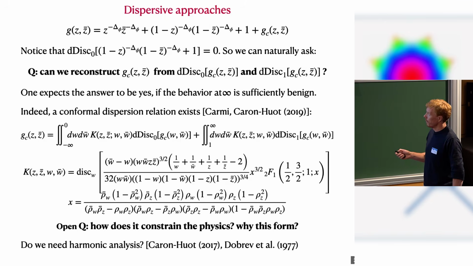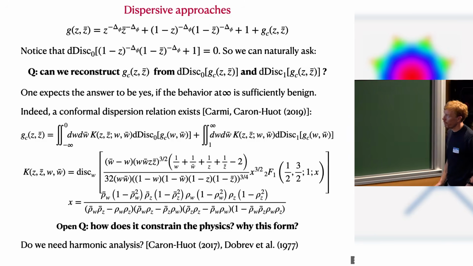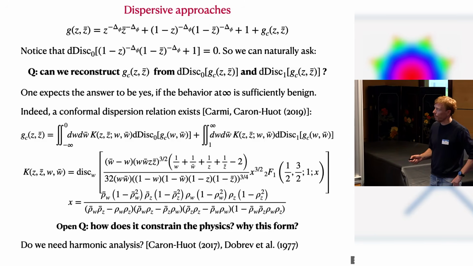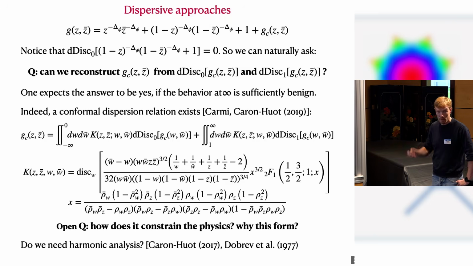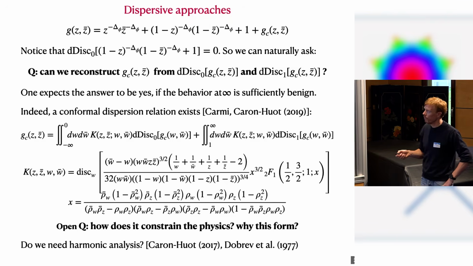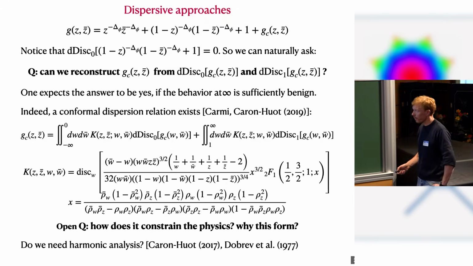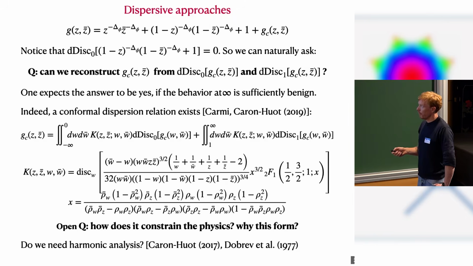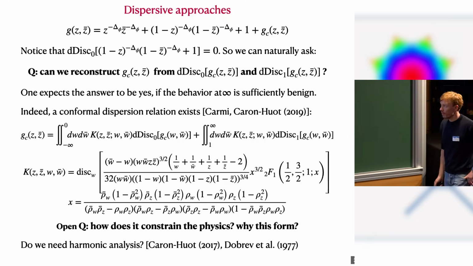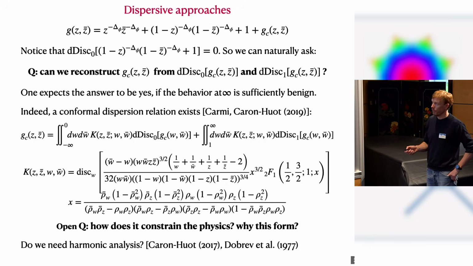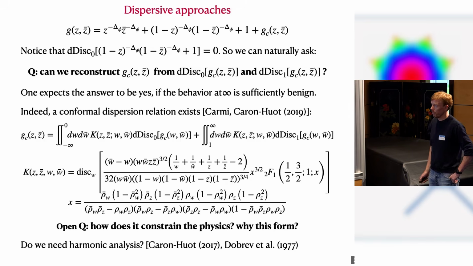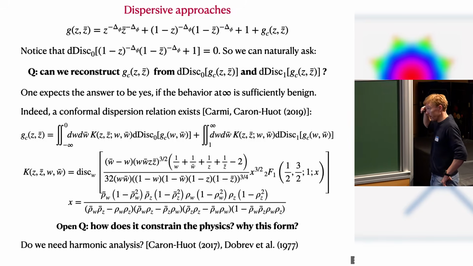In particular, there's this hypergeometric 2F1, which has as its argument this particular strange combination of rho of w, rho of z, and rho bar of z, I mean what I wrote as rho of z bar before. It's this particular combination that enters in some magical way, and this is the kernel that is supposed to reconstruct the full GC from its double discontinuities.